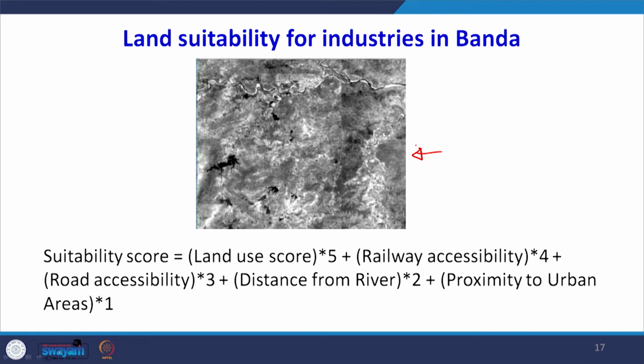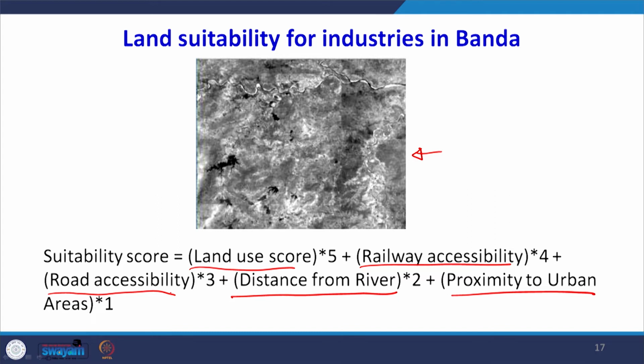Then you have to see that the site should be away from the river, because it should not lie within the floodplain zone of the river. Then it should have a proximity to the urban area, the customer, the user of that. So, there are several parameters which one can collect the data and create the GIS database using these parameters, and then give certain kind of a ranking to those parameters, weightage to those parameters.